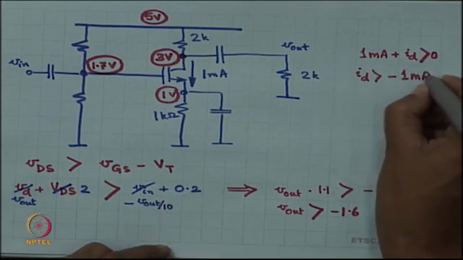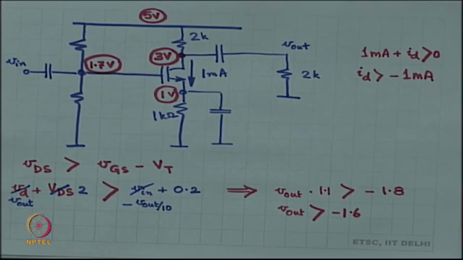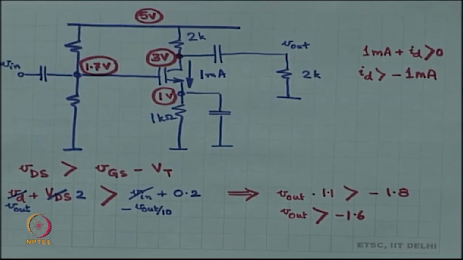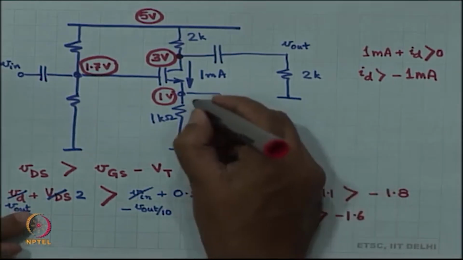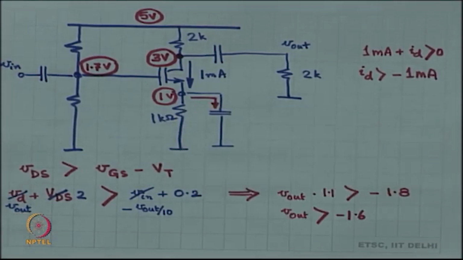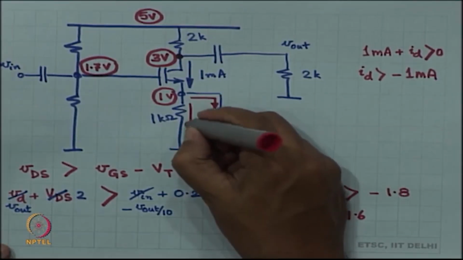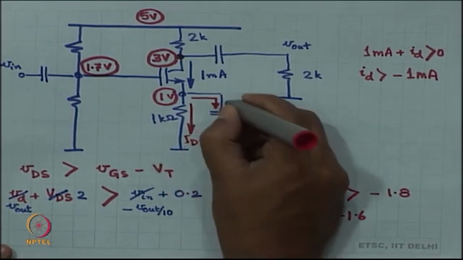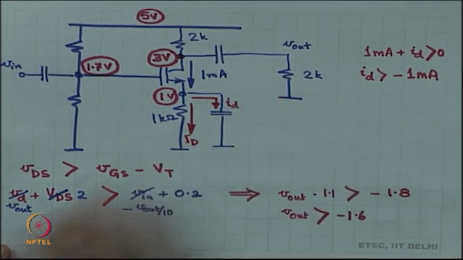Small id always has to be more than minus 1 milliampere. This is the requirement. Fine. Okay. So, now what is small id? Small id is the current through this capacitor. This is capital ID, this is small id.